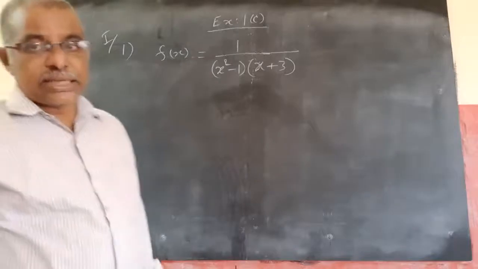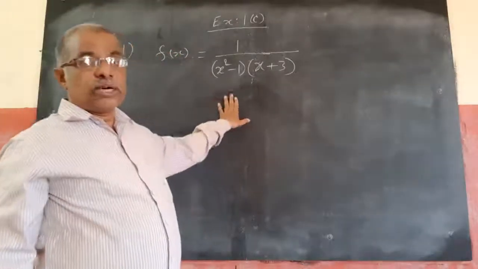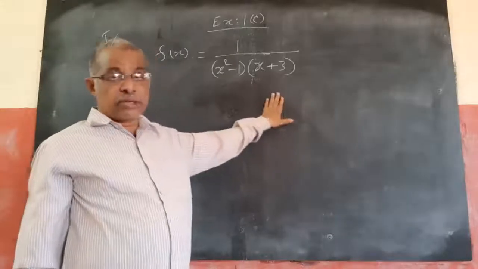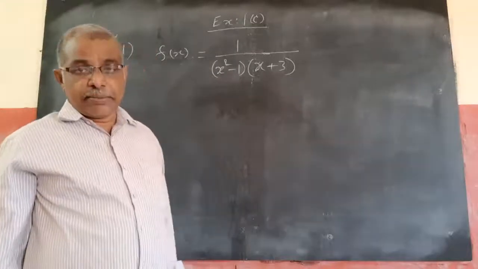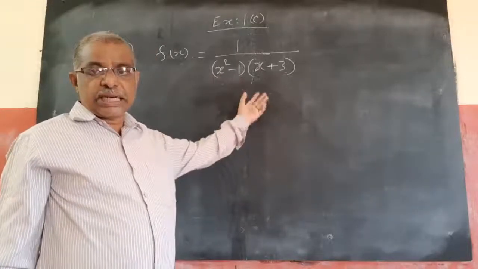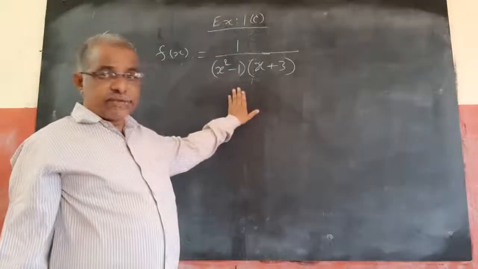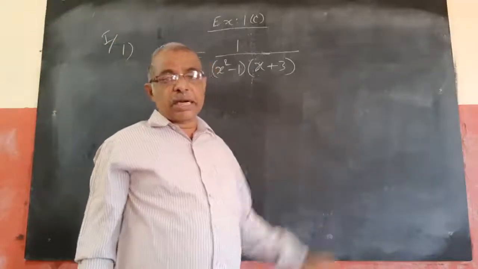Now he is asking for the domain, meaning where the function is defined. The function is defined for all values of x except where the denominator is 0. If the denominator is 0, then this function is not defined. Here the function has a denominator, so it is defined only if the denominator is not 0.